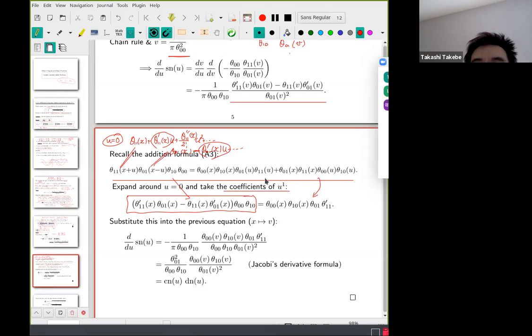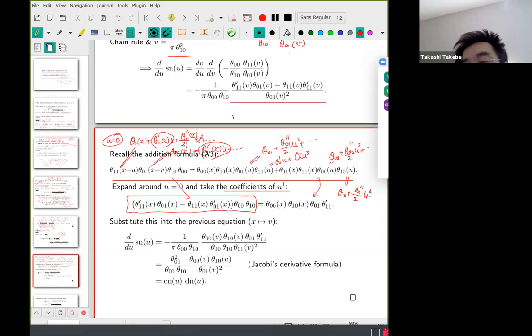Well, here, we have such a simple expression because theta 0, 0, theta 0, 1, and theta 1, 0 are even.